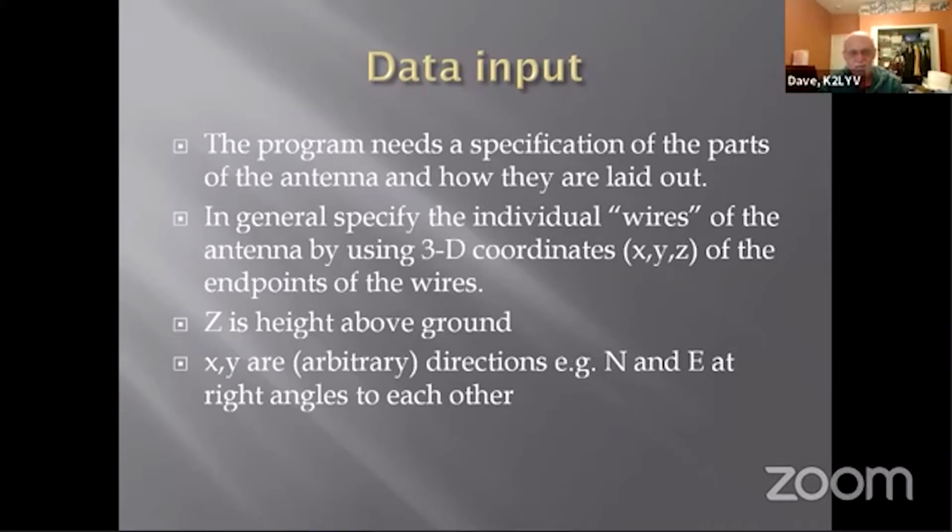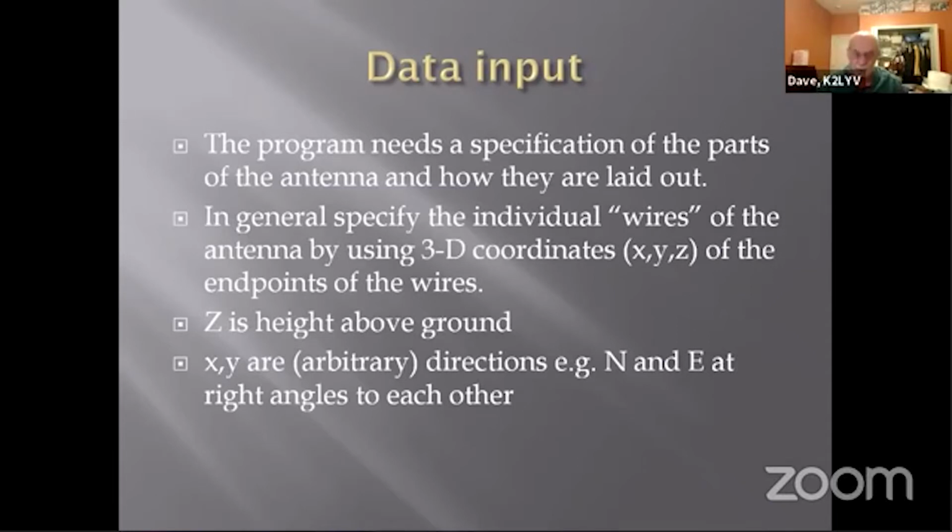The coordinate system that all these programs use is an XYZ coordinate system, where Z is the height above ground, and X and Y are two other directions on the ground. You can think of north and east or whatever. They're actually arbitrary. There's nothing in the program that is tied to a specific geography, so I don't worry about that.